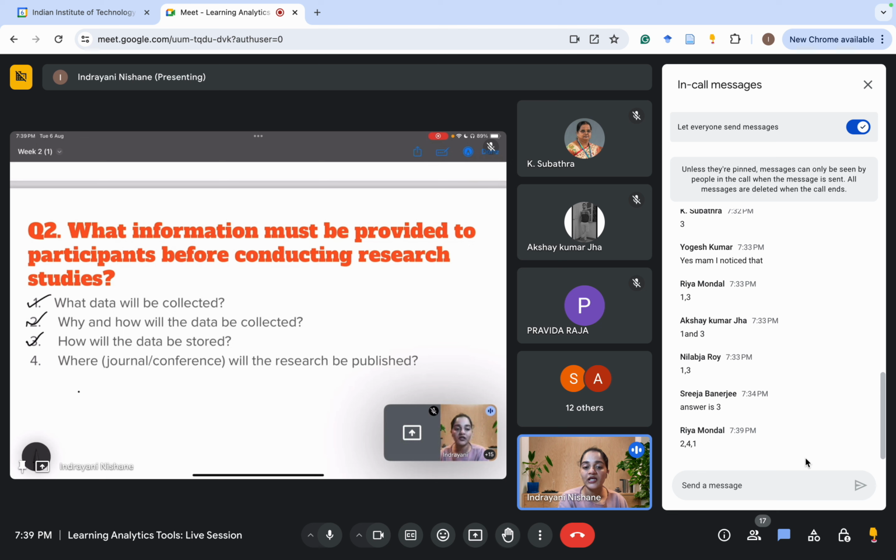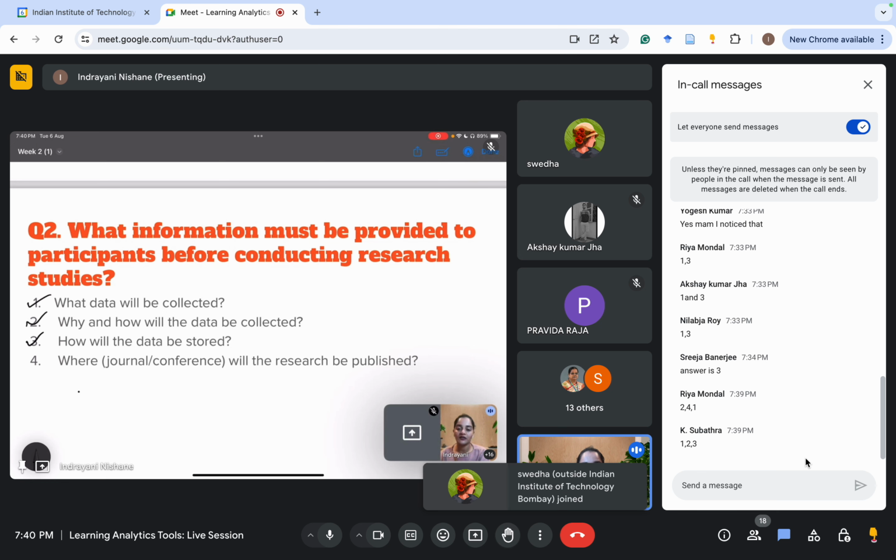Okay, so we need to tell our participants that also, that we will not be sharing your data with anyone else, and we will be anonymizing that data, and that data will not be hampering your performance or your marks in school. Okay, because this is not a formal evaluation method. So your studies are not part of formal evaluation methods. Ideally it should not be that way, because otherwise you will not be able to capture your learners' true behavior.